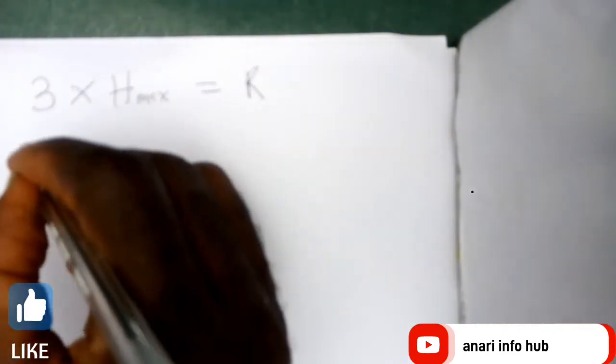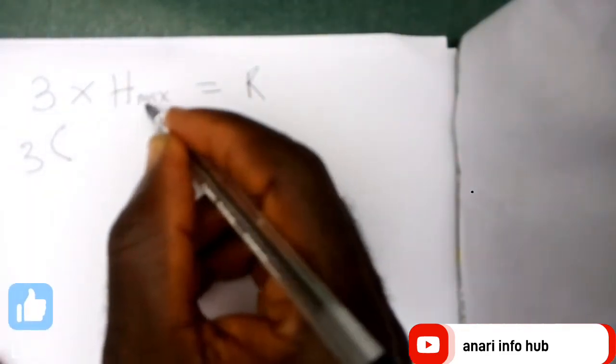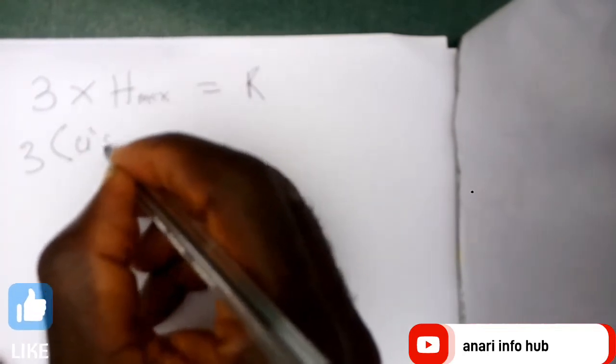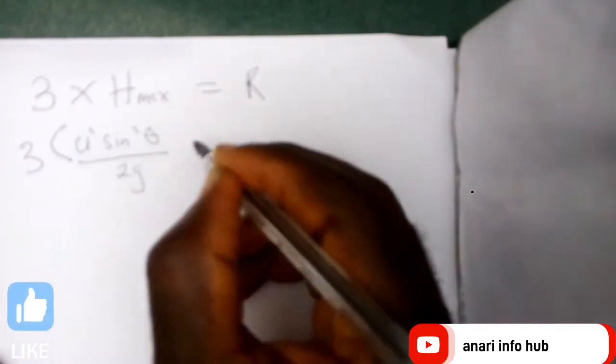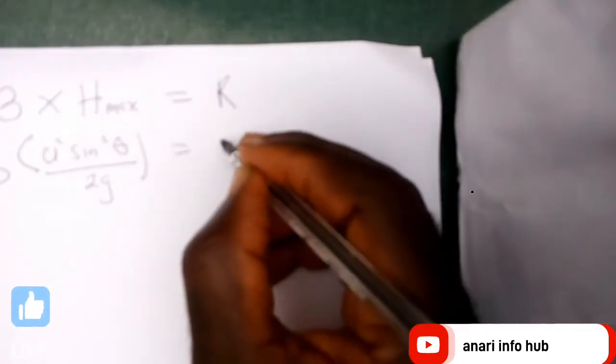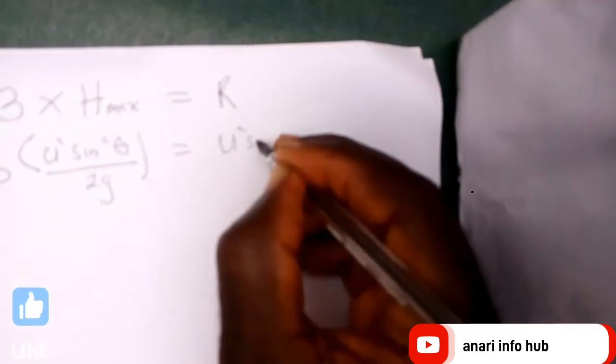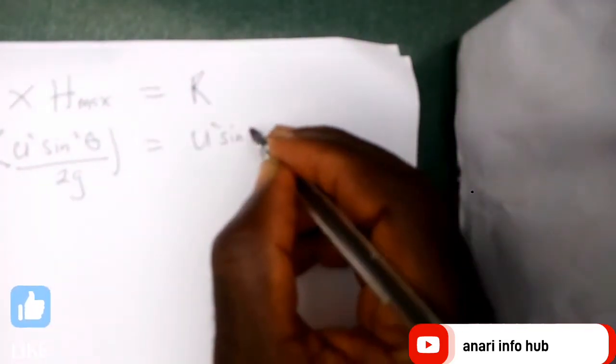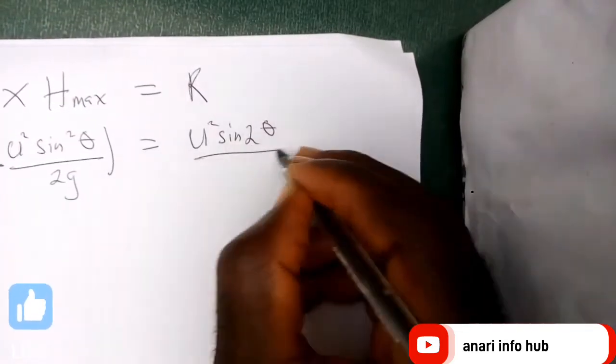That means 3 times u squared sine squared theta all over 2g is equal to u squared sine 2 theta all over g.